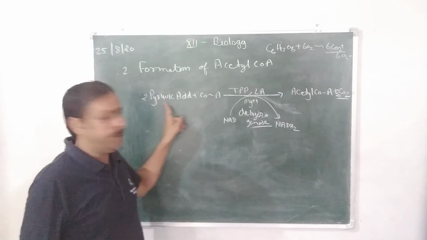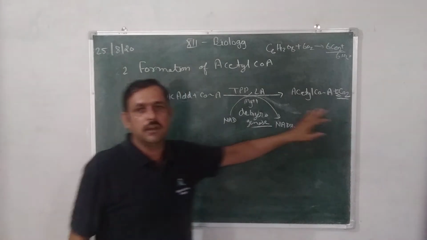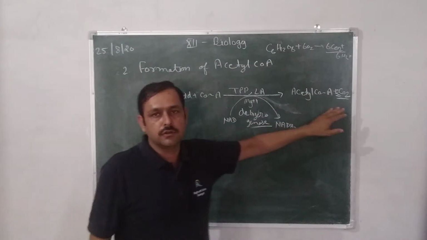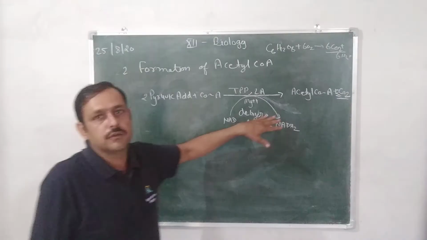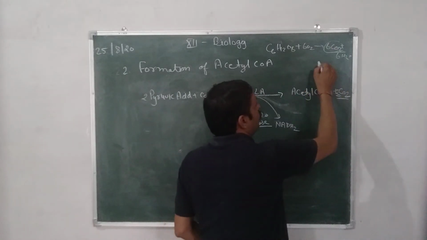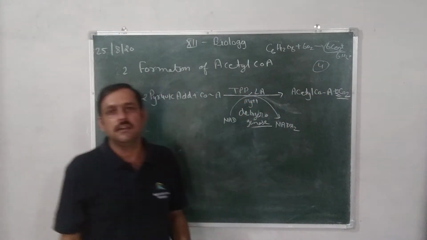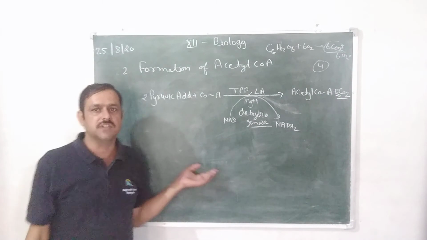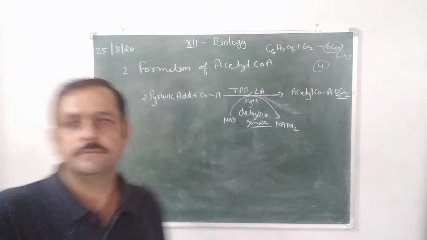From one molecule of pyruvic acid, one CO2 molecule is released, and from another pyruvic acid, another CO2 molecule is released. So 2 molecules of CO2 are released here. Then the remaining 4 CO2 molecules are released in the Krebs cycle. So our next step is the Krebs cycle.